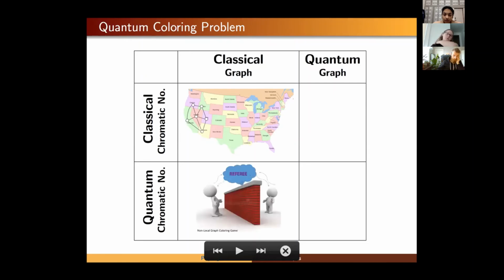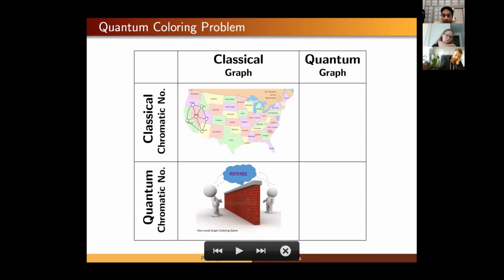Another way of defining a chromatic number for a classical graph is the quantum chromatic number, which is defined using a non-local game. Here you have two players, Alice and Bob, who are playing cooperatively against a referee. The referee sends them random vertices from the graph, and then they need to respond with color assignments to the graph.